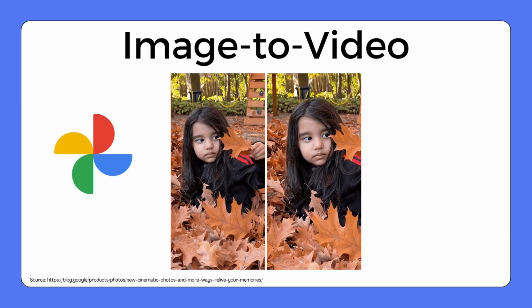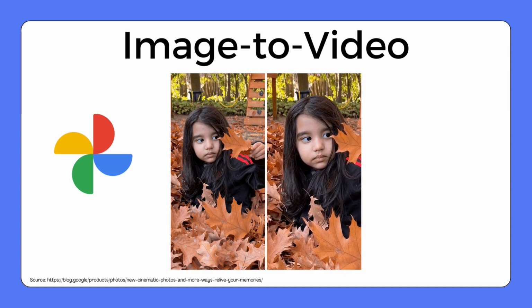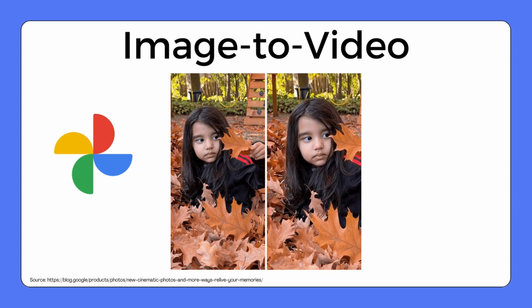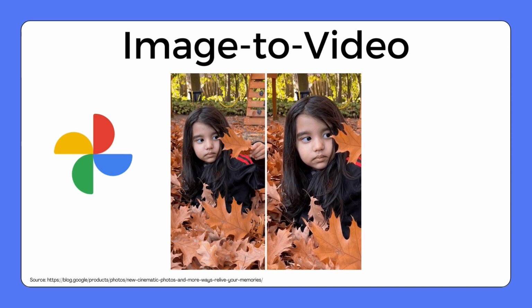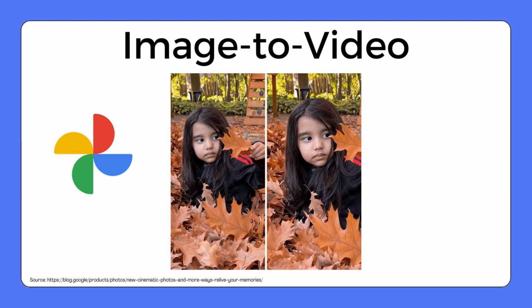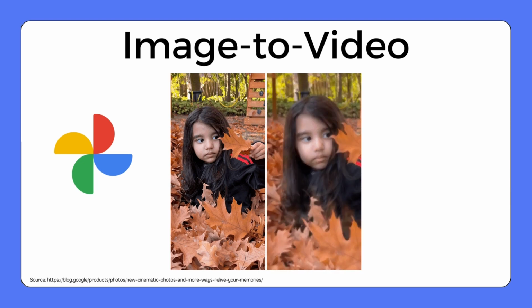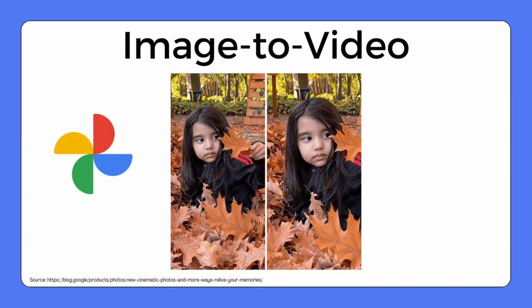Image to video. This task involves generating a sequence of images or a video from a single or a set of images. For example, cinematic photos, a feature in Google Photos, utilize machine learning to estimate an image's depth and construct a 3D representation of the scene, regardless of whether the original image contains depth information from the camera.